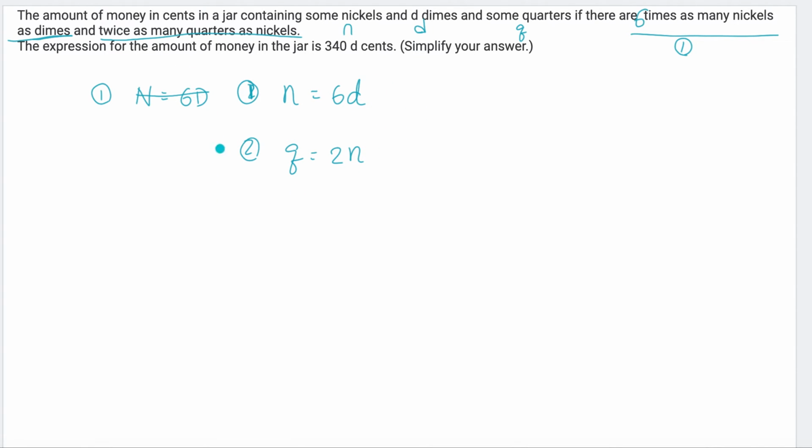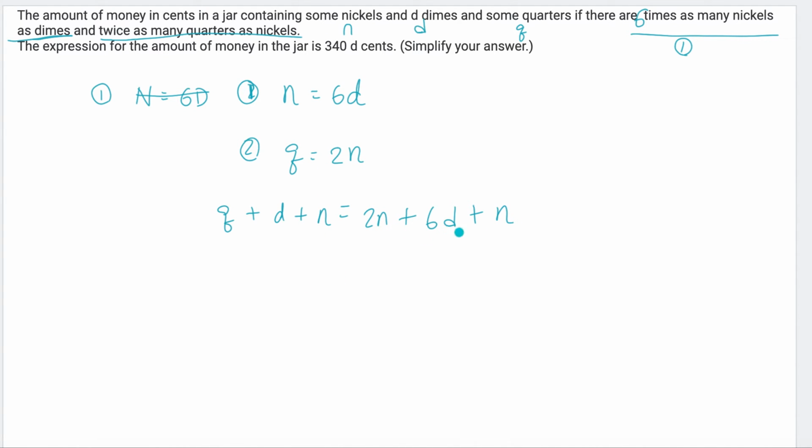So the total number of coins is like this. Number of quarters, and number of dimes, and number of nickels. The total is q is 2n, and d is d, and n is n, right?